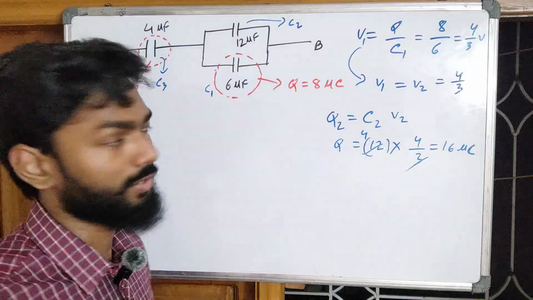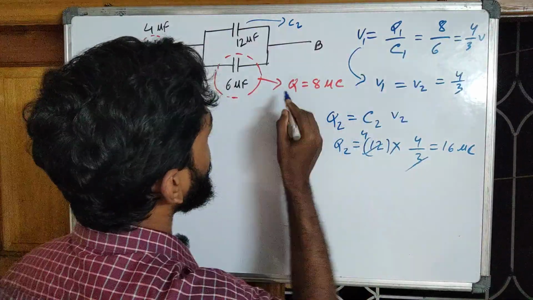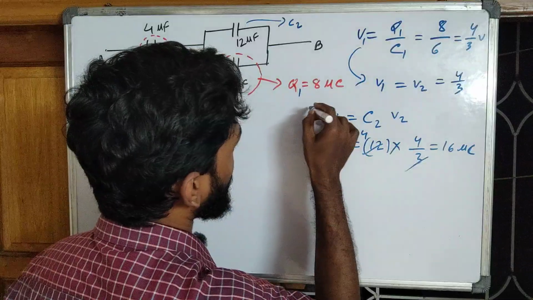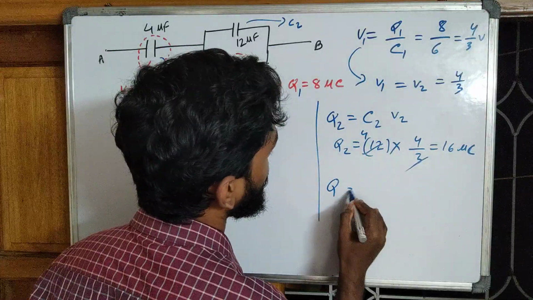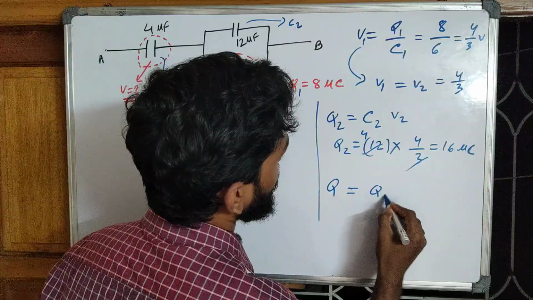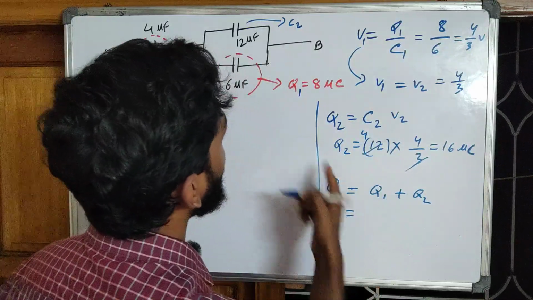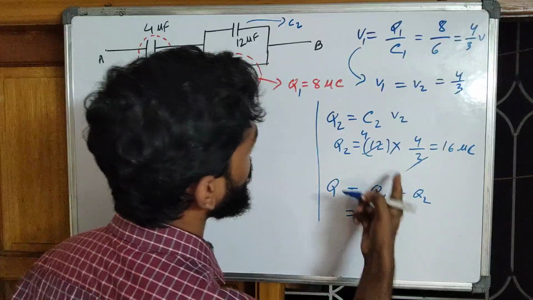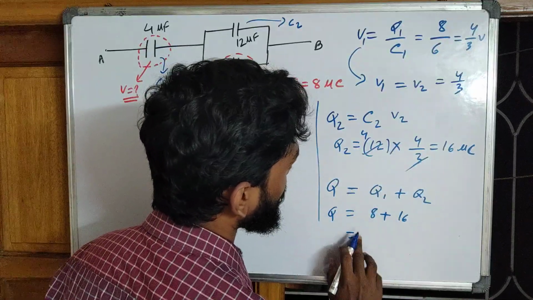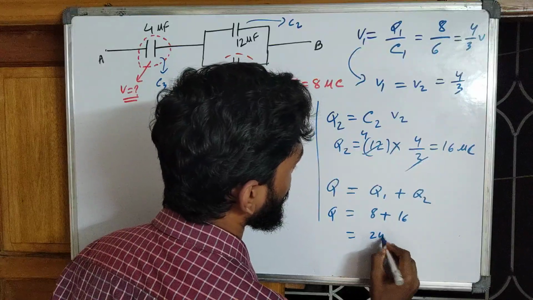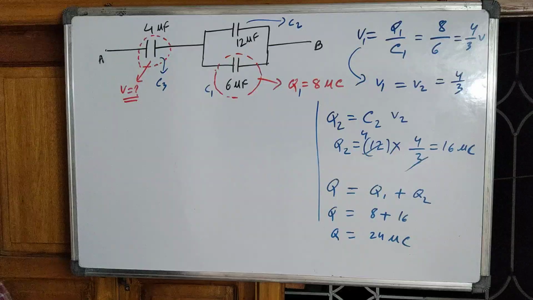Charge is not the same in a parallel combination, so we have to add up the whole charge. The net charge equals Q1 plus Q2, 8 plus 16, which is 24 microcoulomb.